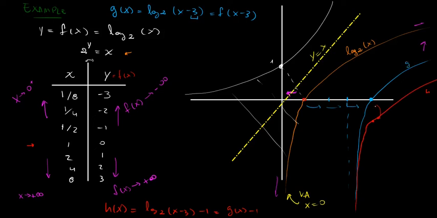So g was a horizontal shift, and it moved the vertical asymptote from x equals 0 to x equals 3. And h also has a vertical asymptote in the same place as g, because vertical asymptotes are not affected when doing vertical shifts.